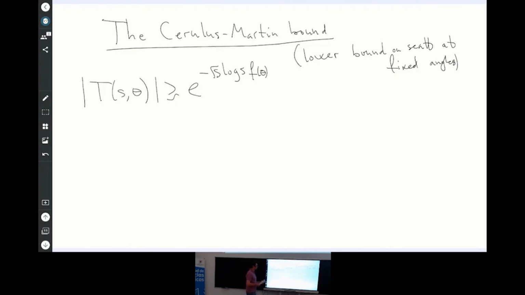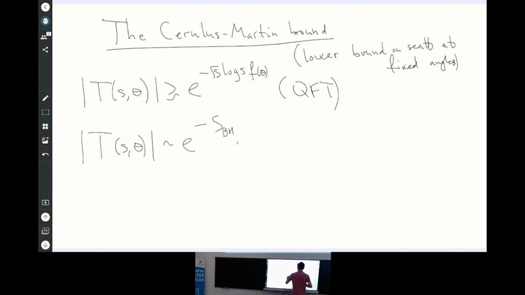And sometimes people, when they discuss gravity, as I told you, there is a conjecture that this behaves like e to the minus S of the black hole, and if you recover the powers of s, you get e to the minus s to the power of 1 plus 1 over d minus 3. So the amplitude, if you believe it's e to the minus black hole, decreases strictly faster than this bound. So if you believe this formula, it violates this bound.